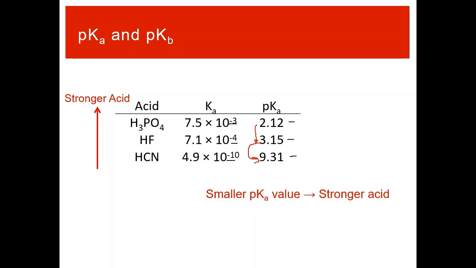But pKas are what people use much more frequently just to compare acid strength. For example, this acid has a pKa of 5, so it's better than this acid that has a pKa of 10. And pKb is the same idea. Lower pKbs correspond to stronger bases. And one thing, strong acids have negative pKas. They are so strong that the pKa is negative.